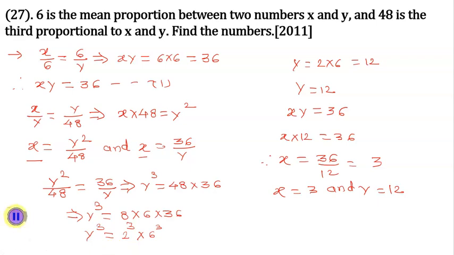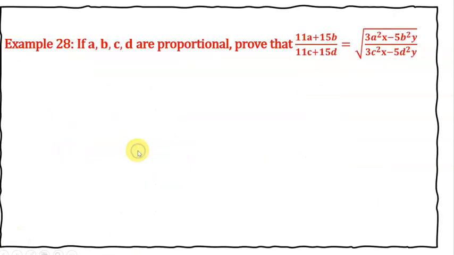Now next, example number 28. If a, b, c, d are in proportion, then prove that 11a plus 15b upon 11c plus 15d is equal to the square root of 3a square x minus 5b square y upon 3c square x minus 5d square y.